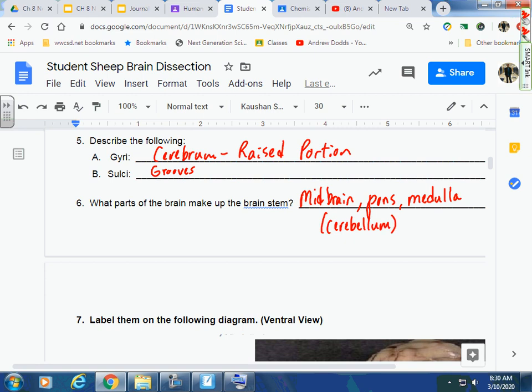And then we have to label it in the diagram. All good with that? Almost done. Only 18 more.